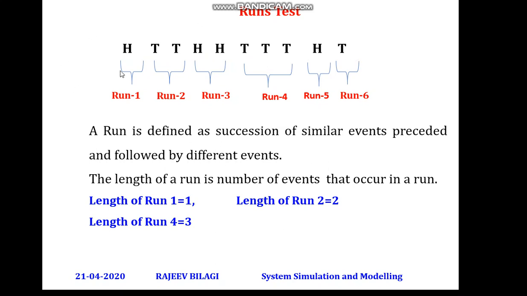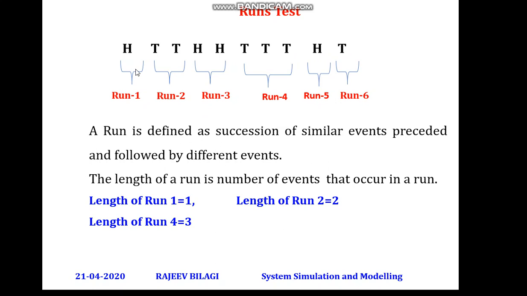Here H is followed by a different result, tail. This T and this T, then the very next is a different H. Next H, H, these two are the same, but again T is different from H. Then T, T, T, after three T's there is one H, and immediately after this one more T, which is again different.